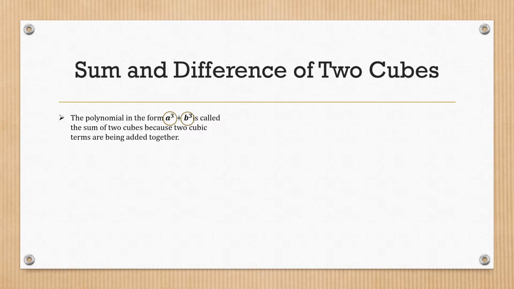Let's have an example of an expression that is a sum of two cubes. First we have x cubed plus 27. It is a sum of two cubes. Look at the first term: the first term is a perfect cube, x cubed. How about the second term? The second term is also a perfect cube.